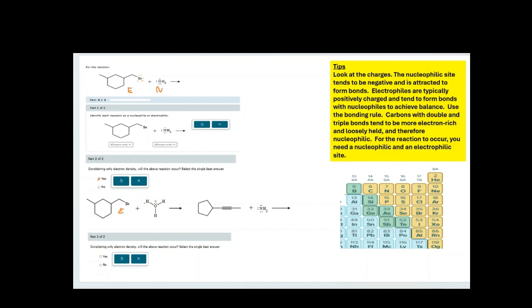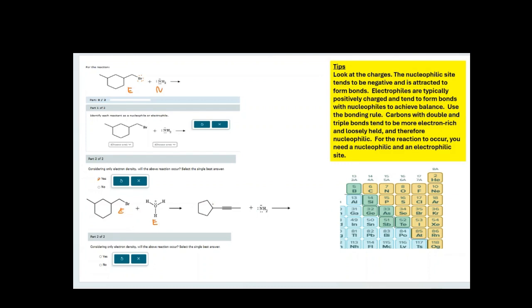It doesn't want to form bonds, or it doesn't want to lose this and become more positively charged. So as mentioned before, it'll be electrophilic. So they want something nucleophilic to bond with it so that it can balance itself out. So in this case, because we have 2 electrophilic sites, the answer is going to be no.